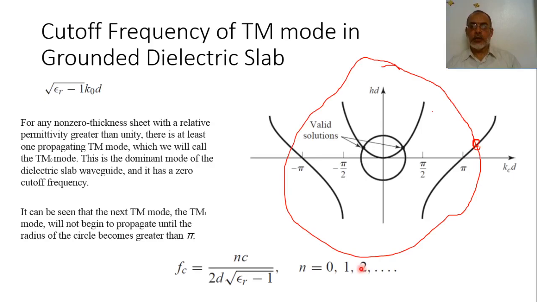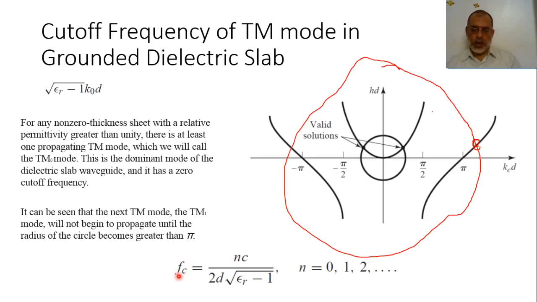This means that we are going to make the value of d much smaller than the limit set by the highest usable frequency.